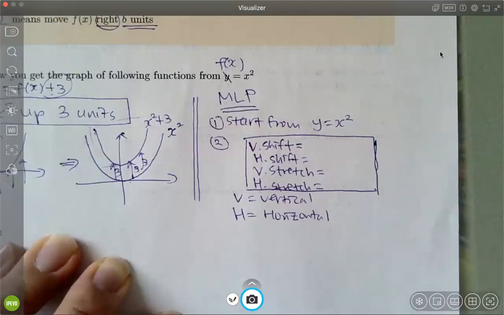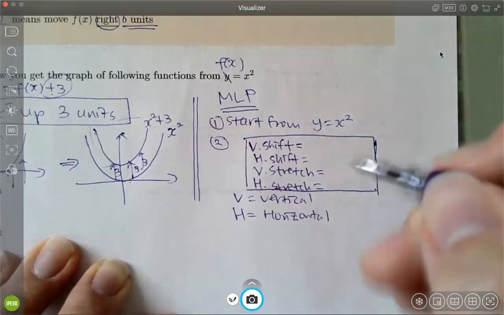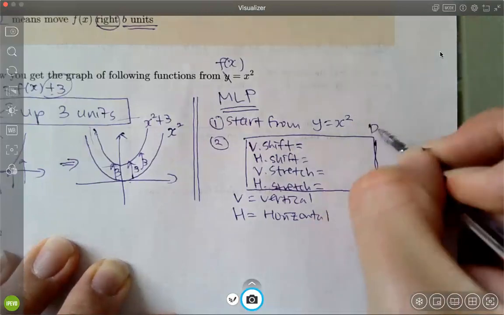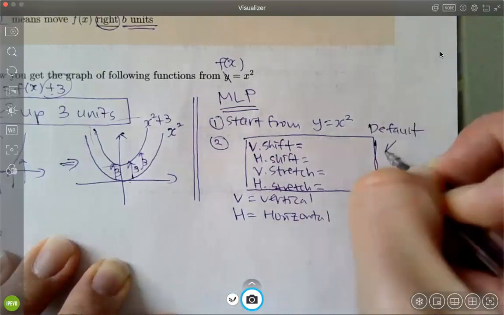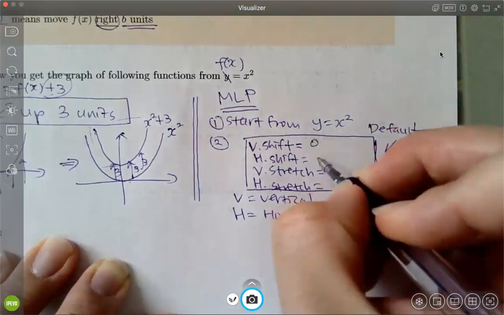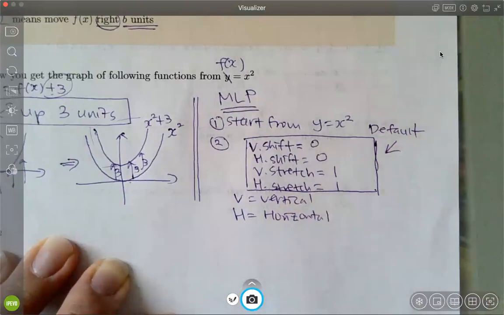Now, we have not yet covered the stretches, the horizontal and vertical stretches, but we'll cover that maybe today or tomorrow. But the default setting is this one, okay? So for all the shifts, 0 will be the default setting, which means there's no shift at all.